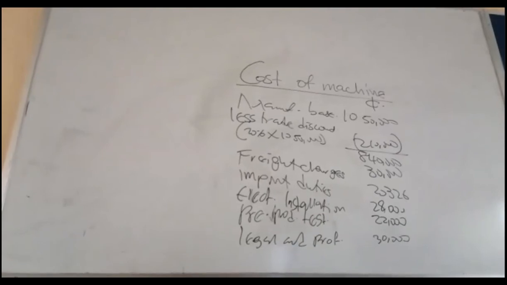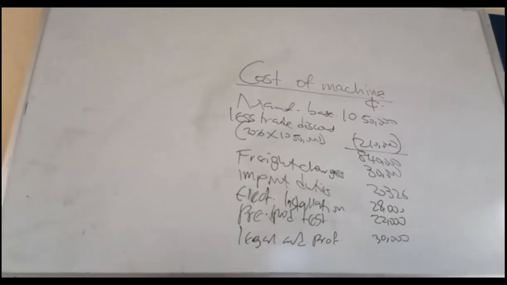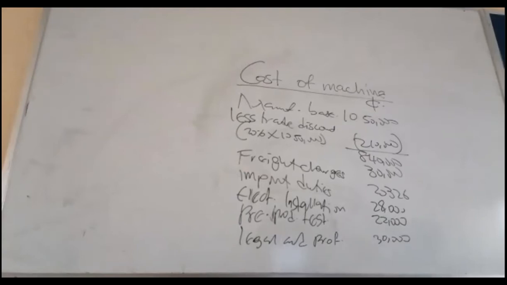Okay, so that is it. The next item on the list will be the estimated residual value. That is what we will use to calculate what? The depreciation. So after we get the cost of this machine, depreciation continues.